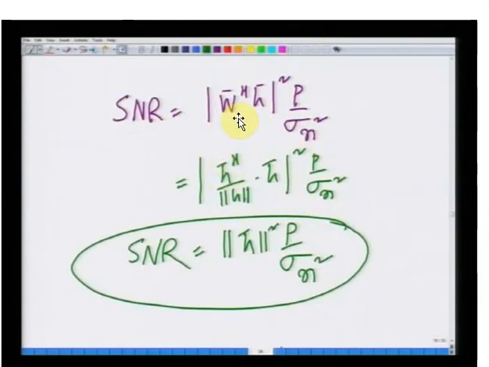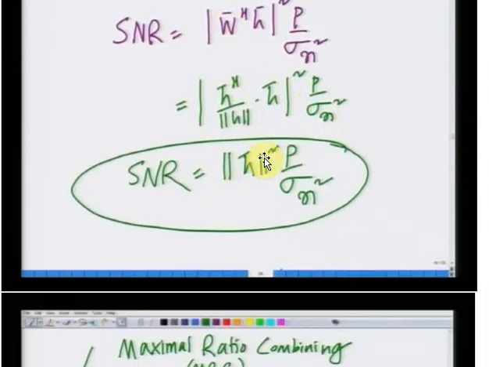Now, maximum SNR can be achieved if W bar, as calculated before, is given by H bar divided by the norm of H. At that value, when W bar Hermitian H bar would be maximum, the SNR would also be maximum. So finally that maximum SNR would be given by the norm of H squared times P divided by σn².